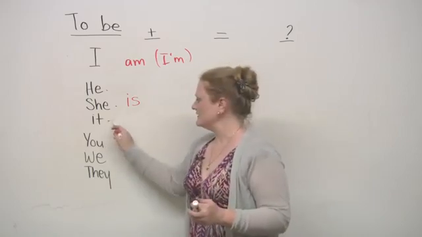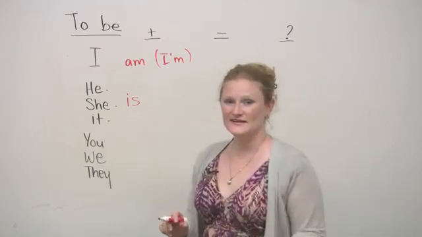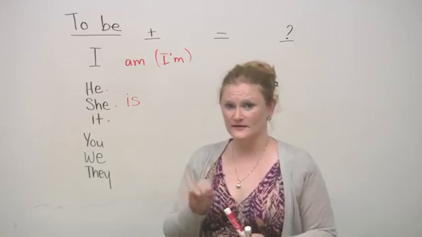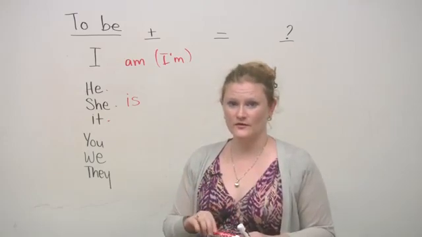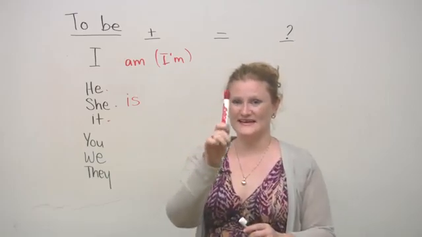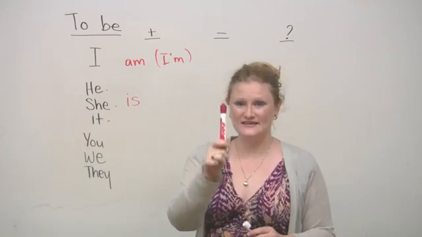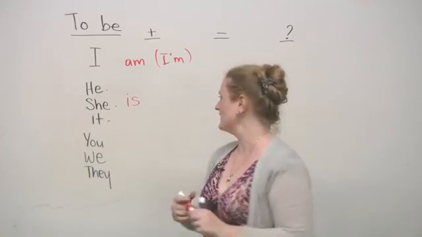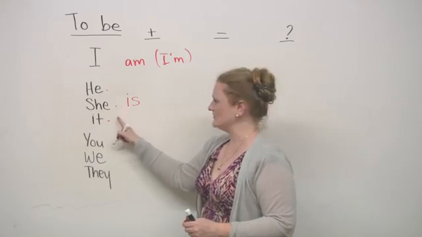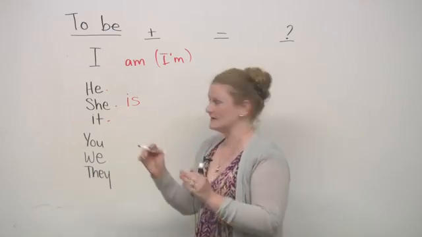Now, it is a singular noun, so that means one of something that is not a person. For example, my marker, I can say it is red.